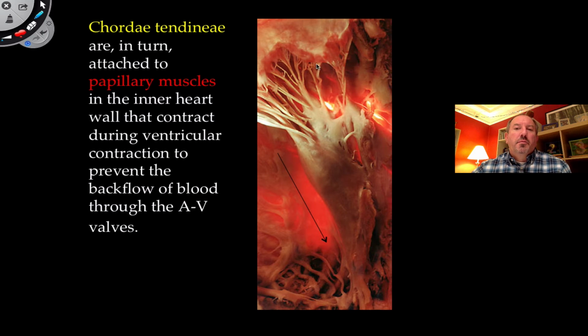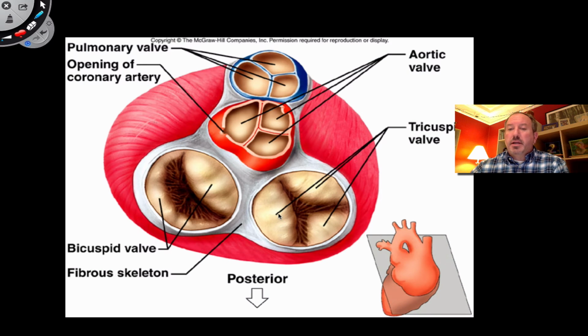Now, I want to make a really important point. I'm going to talk a little bit about these heart strings, which are on the inside of the heart. These tendon-like structures that are attached to the AV valves are known as chordae tendineae. They're tendon-like structures attached to the AV valves, in other words, the bicuspid and tricuspid.